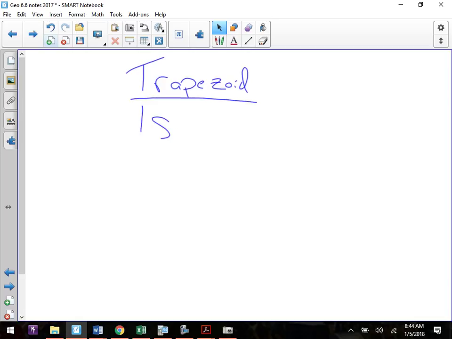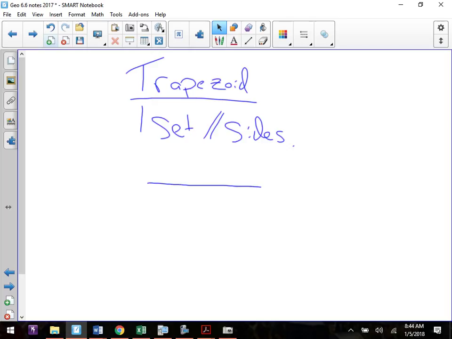Has one set. And that's basically the only definition that it has. Trapezoid has one set of parallel sides.